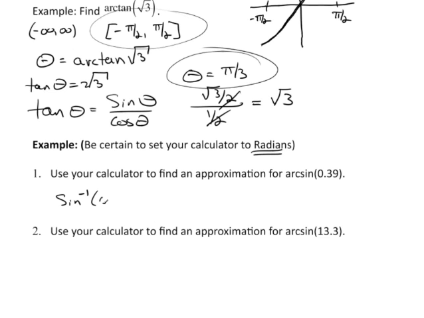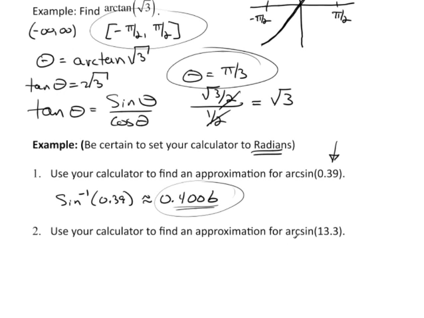So sine inverse of 0.39 is going to give you approximately 0.4006, depending on how many places you have your calculator set to. As a general rule, I typically work 4 places to the right of the decimal unless I need more accuracy. So that's the approximation. 0.39 is not a common angle, so I'm not going to be able to get an exact answer off of it.